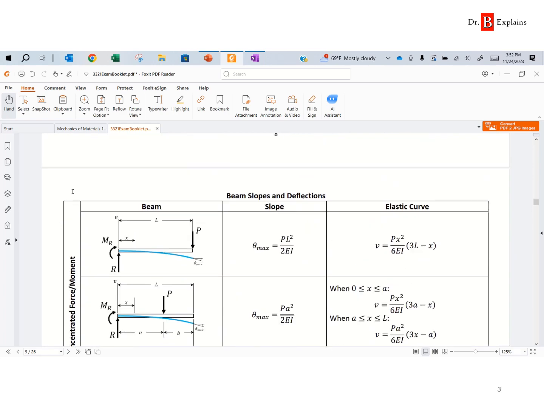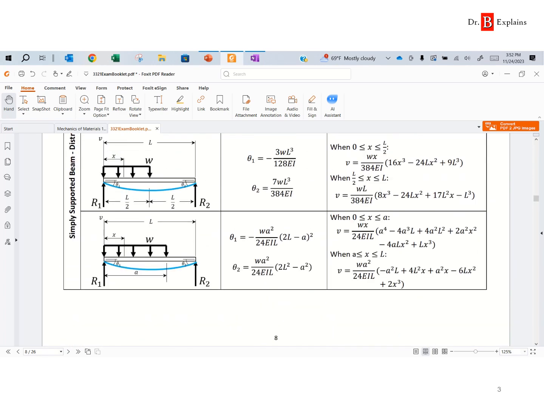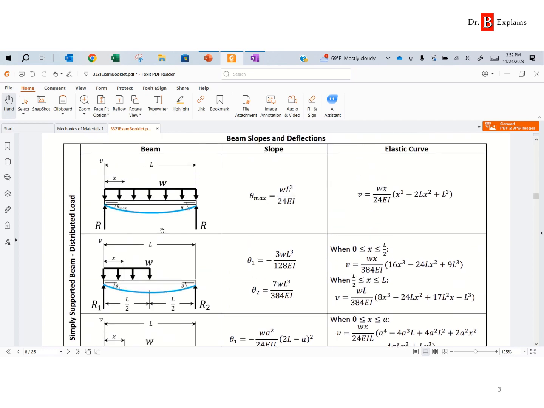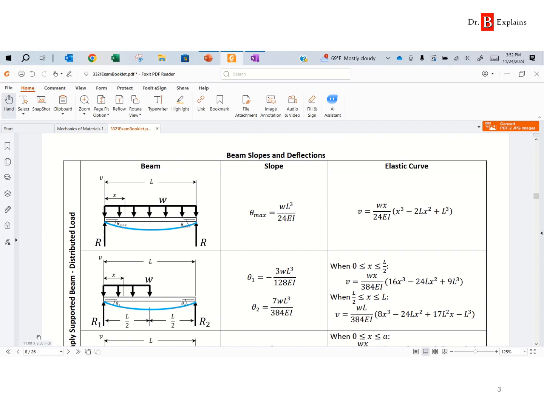Cantilever beam, not good. Simply supported. Here we have a distributed load that does not cover the whole span. Remember here, R1 and R2 are the reaction forces, so they indicate where the supports are. So here we go. Here we have a simply supported beam. Distributed load acts between the two supports.